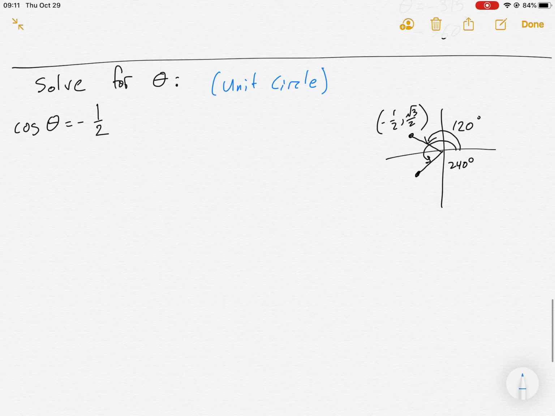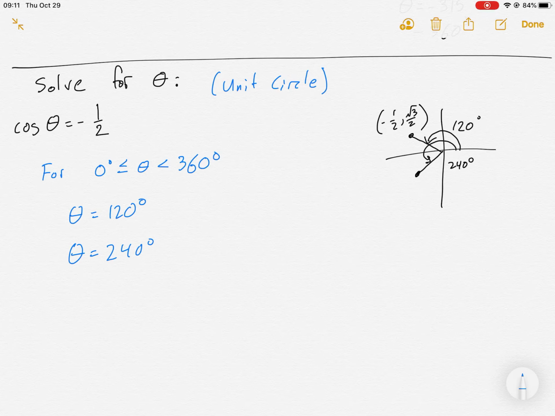So you'd say, okay, I found my two answers. So for 0 degrees is less than or equal to theta is less than 360, I get 120 and 240 degrees.